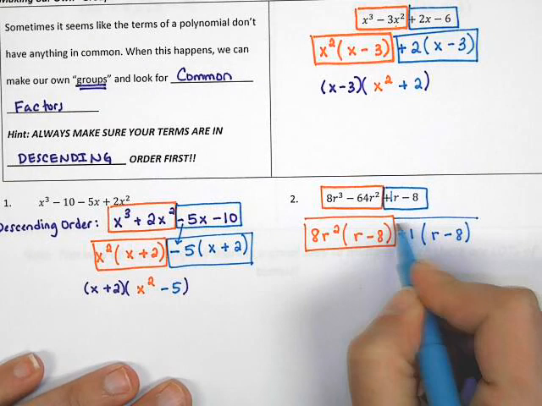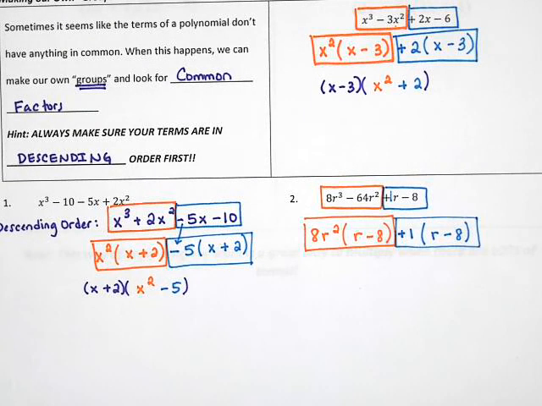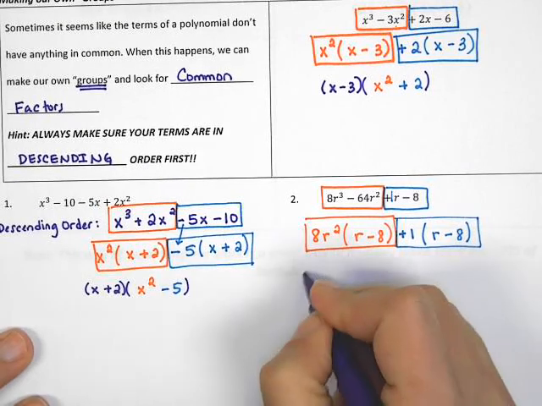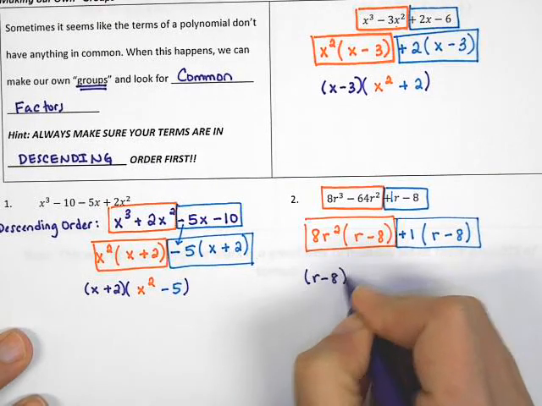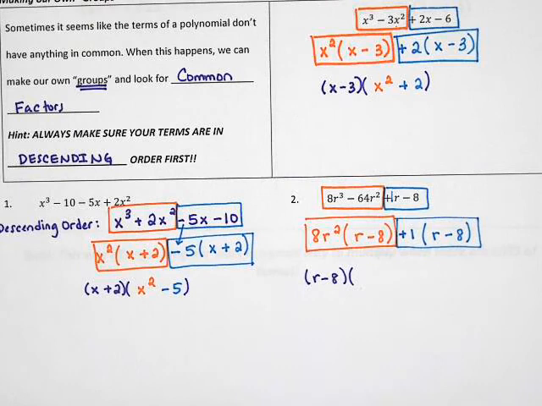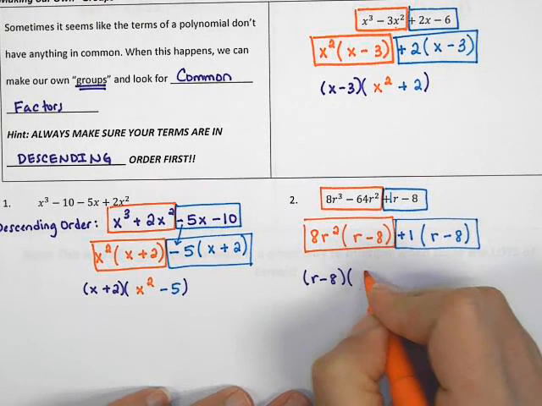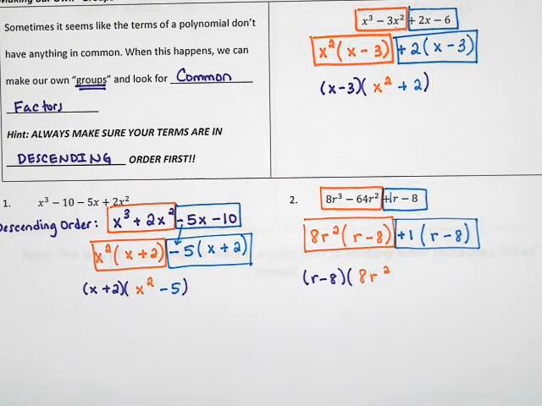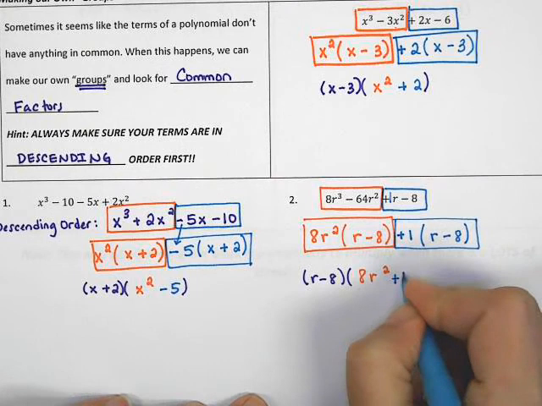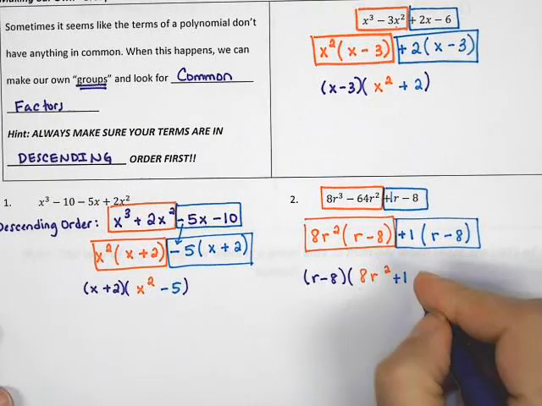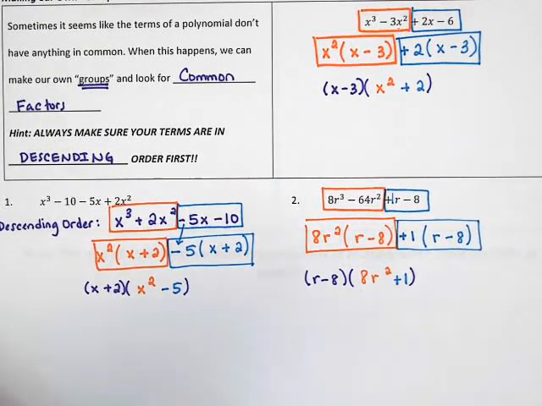So when I say to myself, hey, what's the common factor now for these two terms? I would say r minus 8, parentheses, and then I would have 8r squared plus 1. And I would be done.